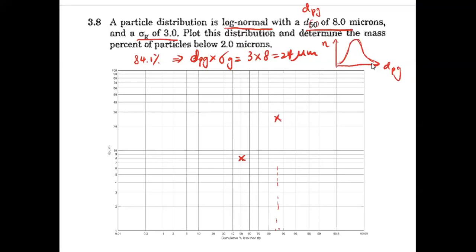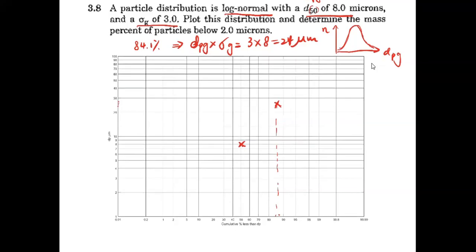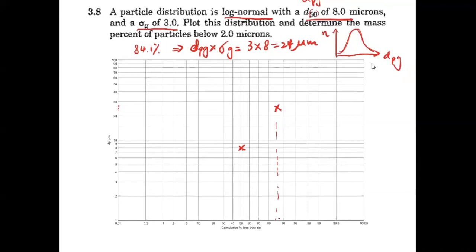somewhere here. Okay, so I noticed that we don't have very accurate ticks on the label here. You can just be approximate here, right? So finally, the answer won't differ by quite a lot. Okay, so this is dpg multiplied by sigma g. We should also know that for 15.9%, we have dpg divided by sigma g, which is 8 divided by 3, right?